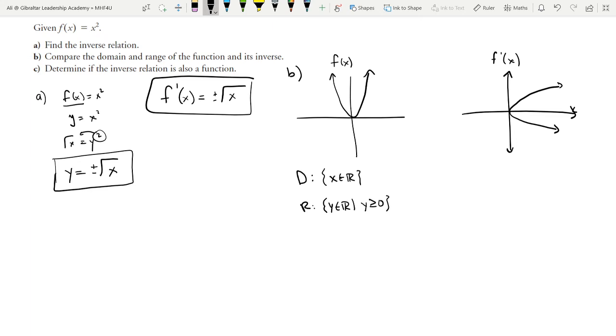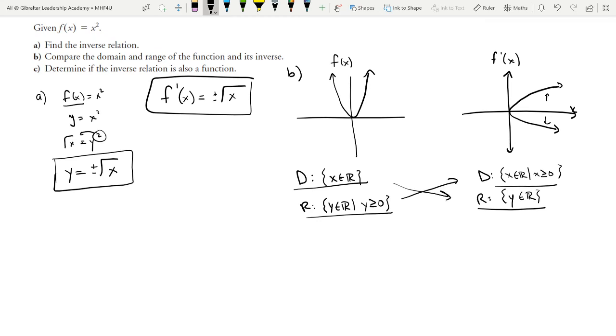And if we look at the inverse function, the domain is going to be that x is a member of the real numbers such that x is greater than or equal to 0. And the range, because it goes up and down, would simply be that y is a member of the real numbers. Now to compare the domain and range, we recognize that the domain of the original has become the range of the inverse, and the range of the original has become the domain of the inverse.